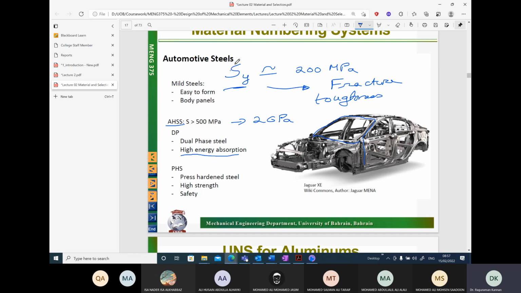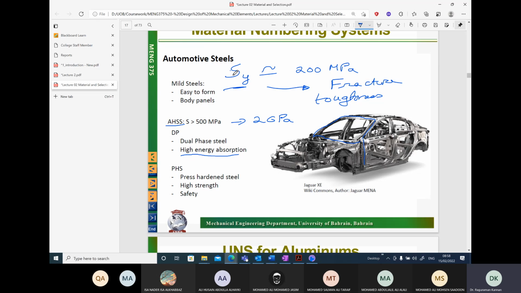Now the relationship between yield strength and fracture toughness is this: if you increase the yield strength of the material by some mechanical process, without adding additional elements, for example by deforming the material beyond plastic deformation, I will be able to increase the yield strength. We will see that later.